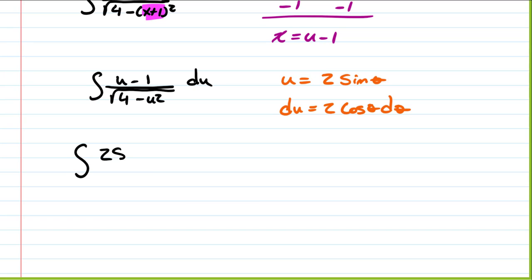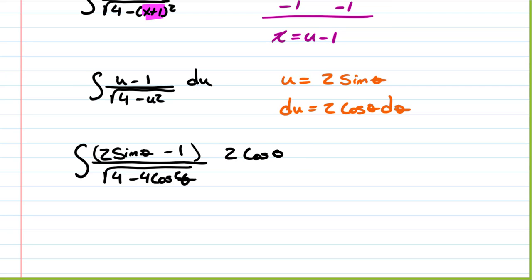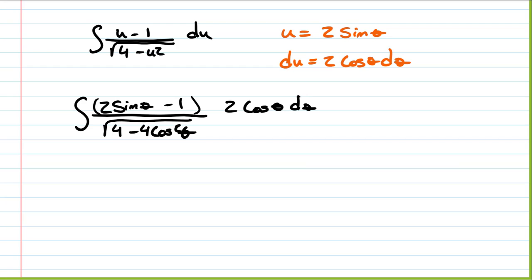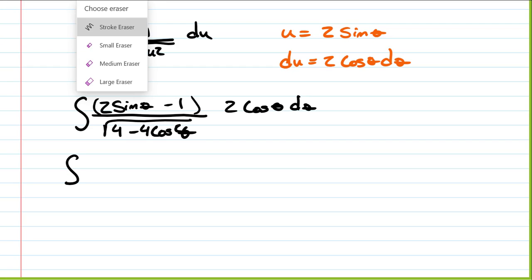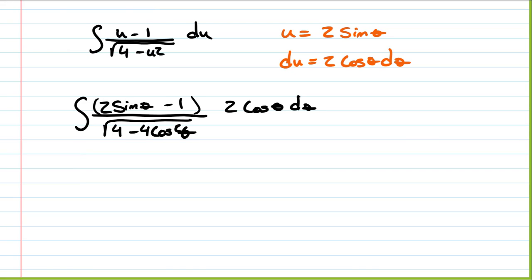We end up with 2 sine theta, take away 1, over the square root of 4 minus 4 cosine squared theta times 2 cosine theta d theta. So we simplify some of our stuff up again.